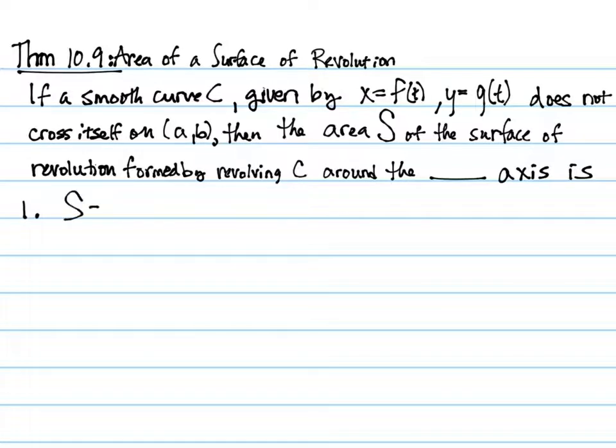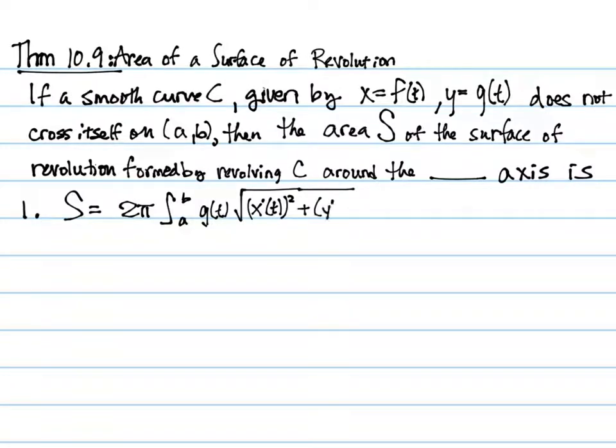One, S equals 2 pi times the integral from a to b of g of t times the square root of x prime of t squared plus y prime of t squared. So that should look familiar. We just did that part of it, dt.